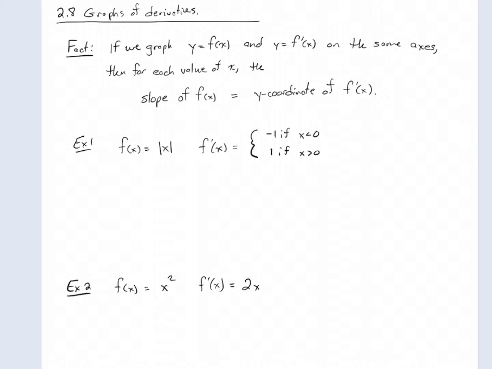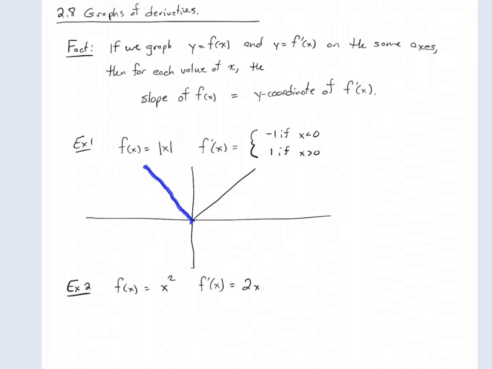So let's look at this. f of x is absolute value of x. Now we know what that looks like. It's a V. Comes down like this, goes up over there. Now the derivative is the slope. So everywhere over here, the slope of this thing is -1. And over here, the slope is +1.